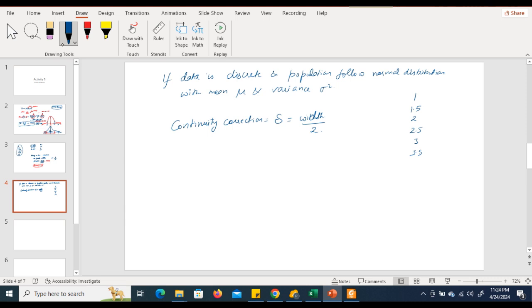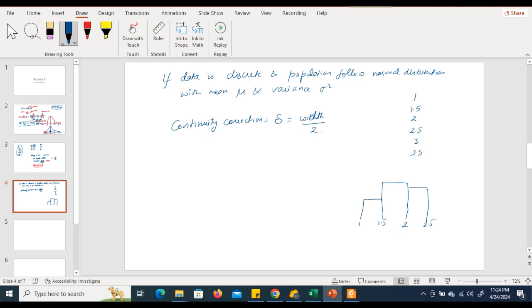So basically what will happen: when the data is given in discrete form, we can plot the histogram, where all the values between 1 to 1.5 are plotted in the form of a histogram bar, then 1.5 to 2 is connected in this way, and from 2 to 2.5 the data is like this.